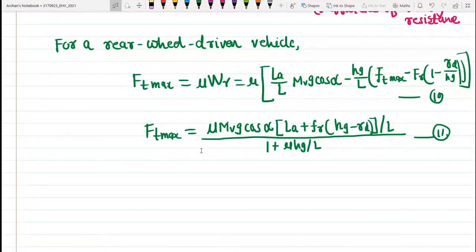The drive wheels will spin on the ground. That is what we have seen. The adhesive capability between the tire and the ground is sometimes the main limitation of vehicle performance, and this is especially true when the vehicle drives on wet, icy, snow covered or soft soil roads.